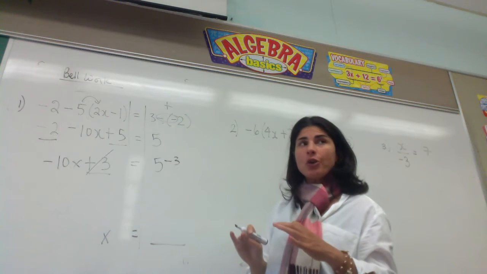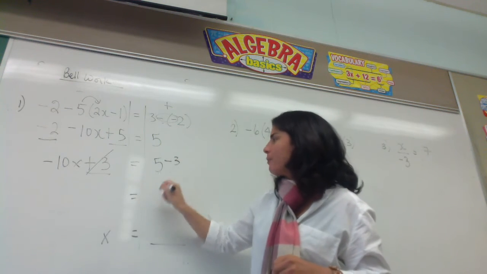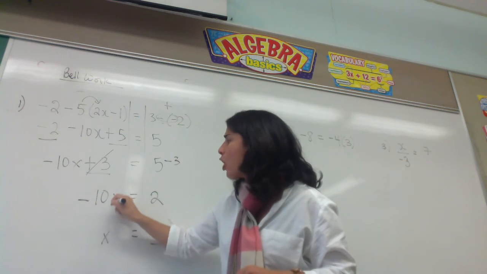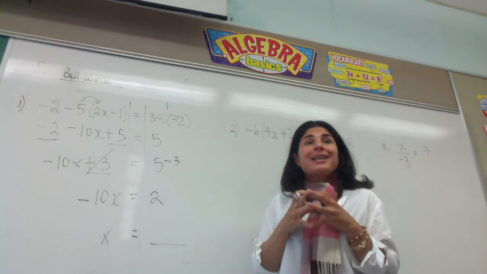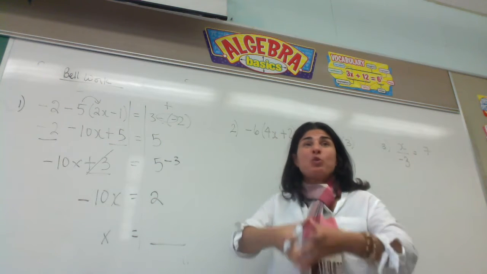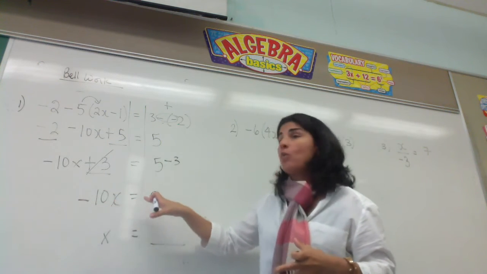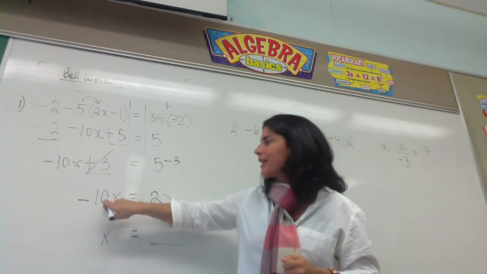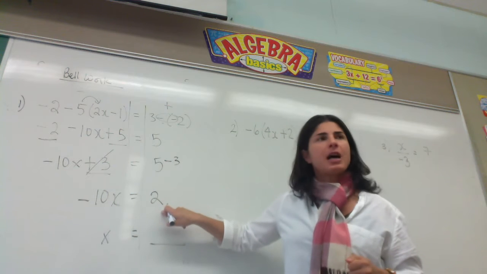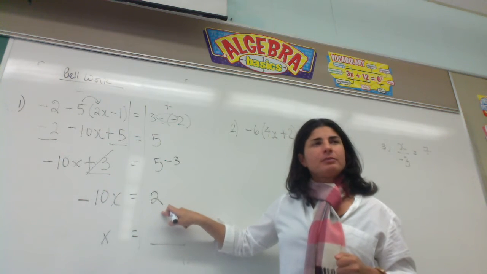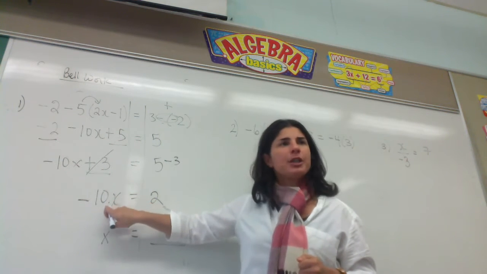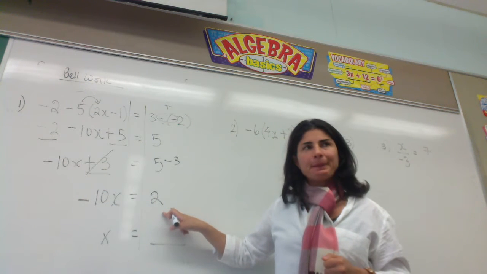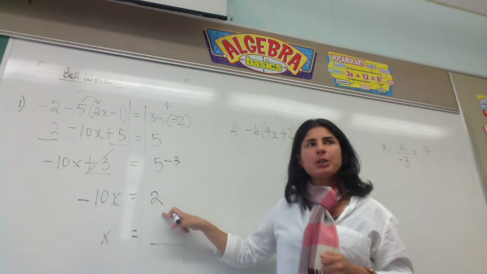So we're getting closer. We've got 5 minus 3 is 2. And we're left with negative 10x. So we're almost there because the x has to be alone. And the only thing getting between where we have to be is this negative 10. So what do we do to negative 10 to bring him to this side? Because he's a multiplication, he then becomes, what's the opposite operation?